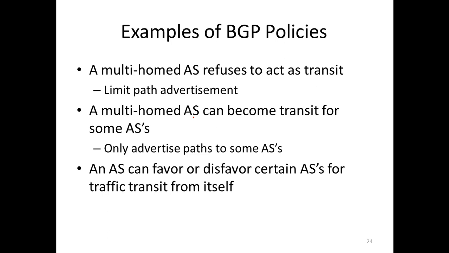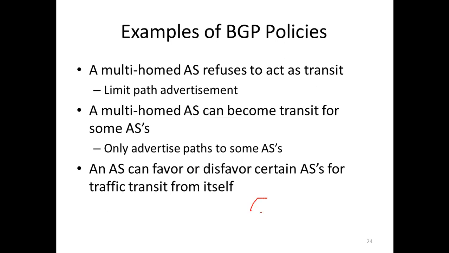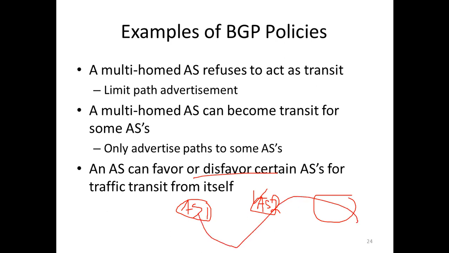And an AS can favor or disfavor any certain AS for traffic transit. So let's say I do not want any router or any AS router. This is, let's suppose, your boundary router for AS1. Let's say I want to transmit from AS1 to AS3, and I do not want to use this router, so I can disfavor this router, and I will choose another path to go to AS3 instead of using this AS2.